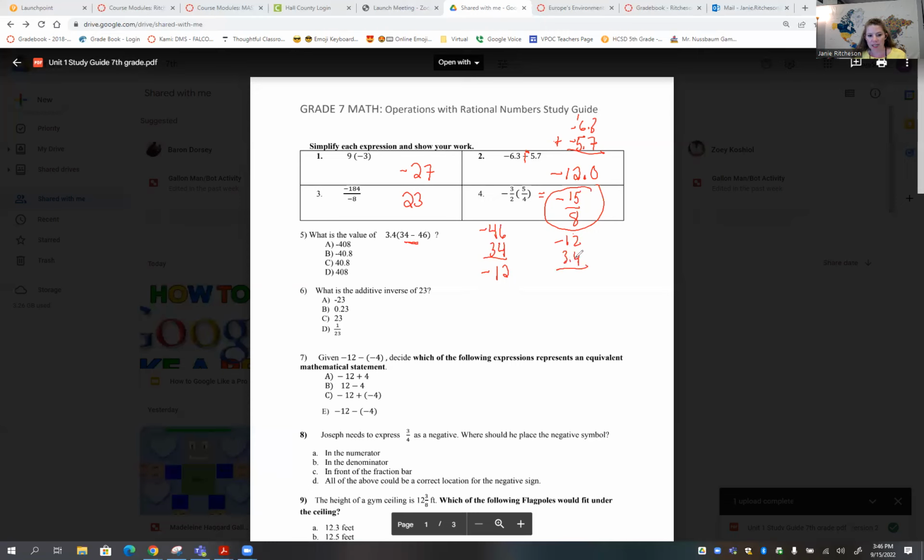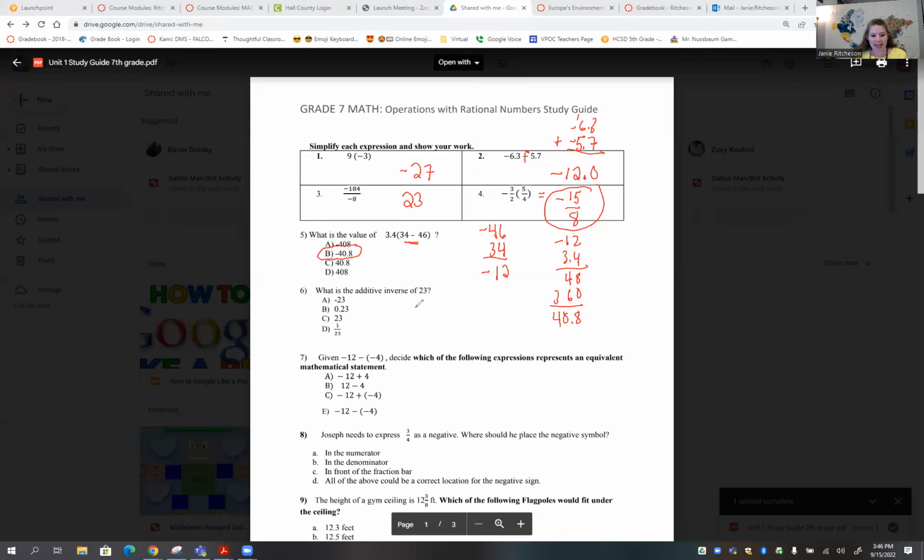So we know our answer is negative. So 2 times 4 is 8, 4 times 1, 3 times 2, and we get one number behind the decimal, so the answer is B, negative 40.8. Of course, you can put that in your calculator as well.